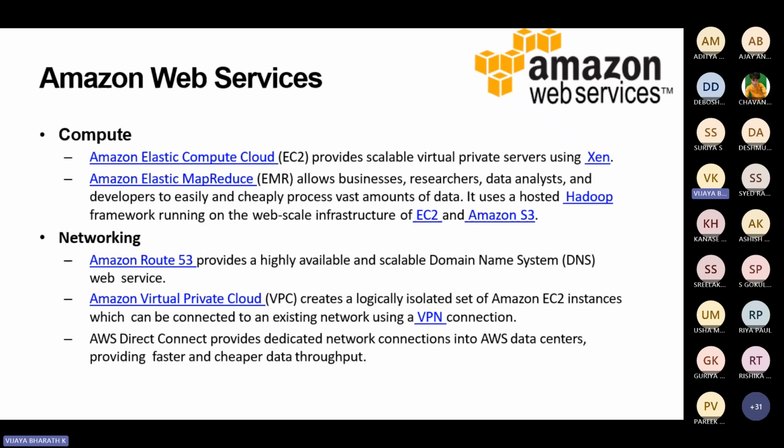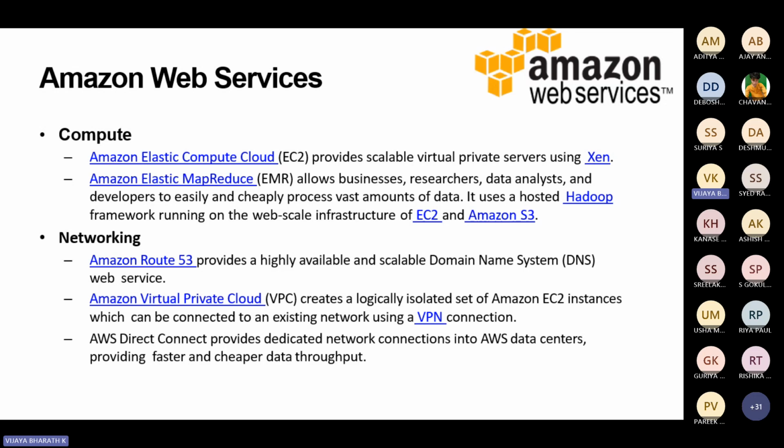They host the Hadoop framework, and these instances can scale up to however many nodes you want to expand to. Like if you want 1,000 nodes, in the sense 1,000 VMs, you can also store data in the Amazon S3 bucket.